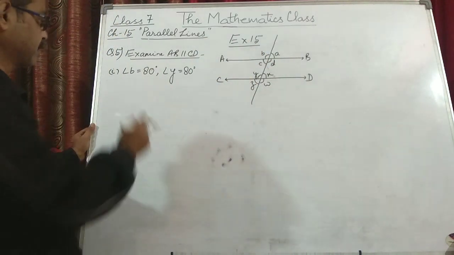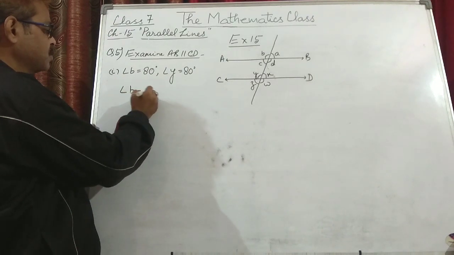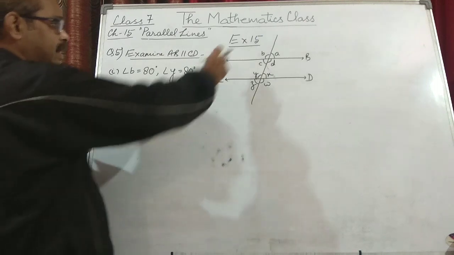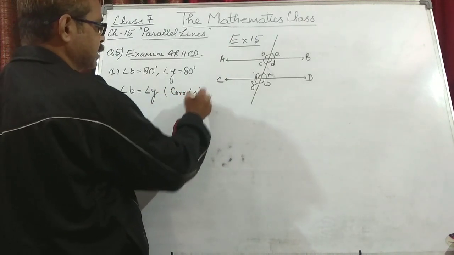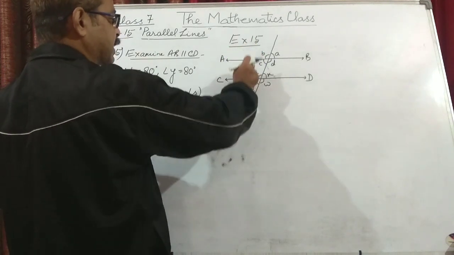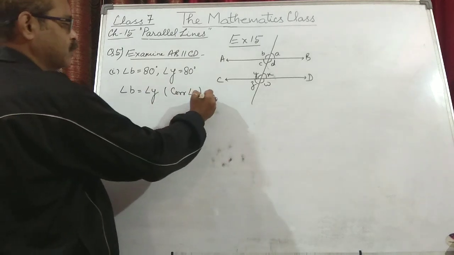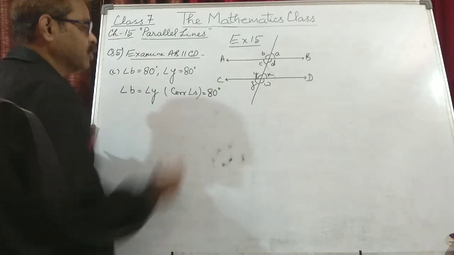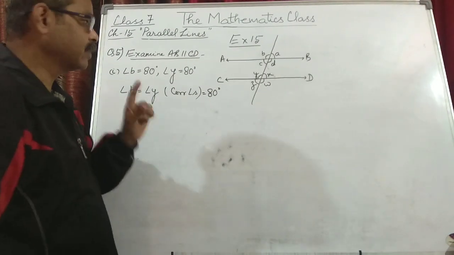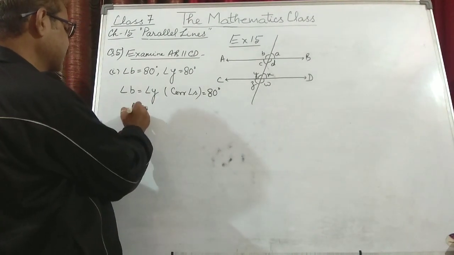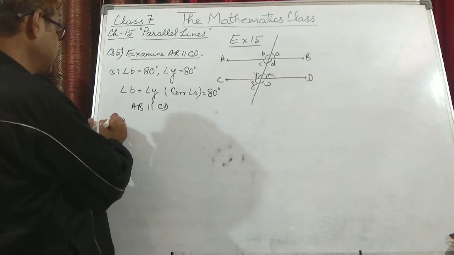Since they are forming corresponding angles, and the corresponding angles are equal, we know that when corresponding angles are equal, the lines given are parallel. So we can say that AB is parallel to CD.